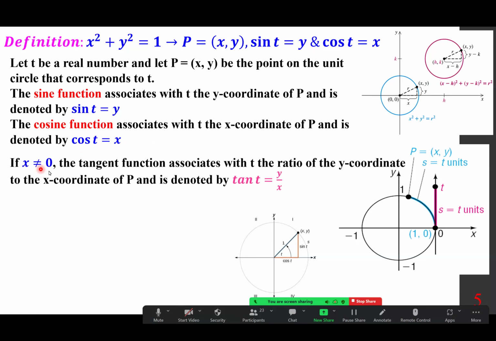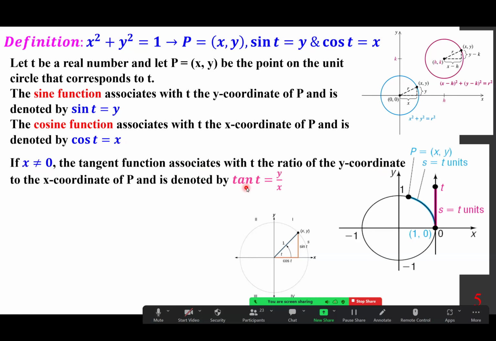If x is not equal to 0, the tangent function associates with t the ratio of the y coordinate to the x coordinate of P, and it's denoted by tangent t equals y over x.